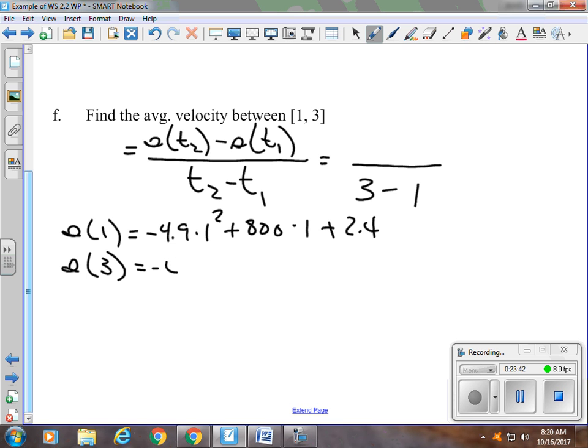And then you can go back, copy it down, and change the 1s to 3s. Or sometimes, if you want to do more than one value at the same time, you could put curly braces and put 1, 3, and it would give you both answers at the same time.